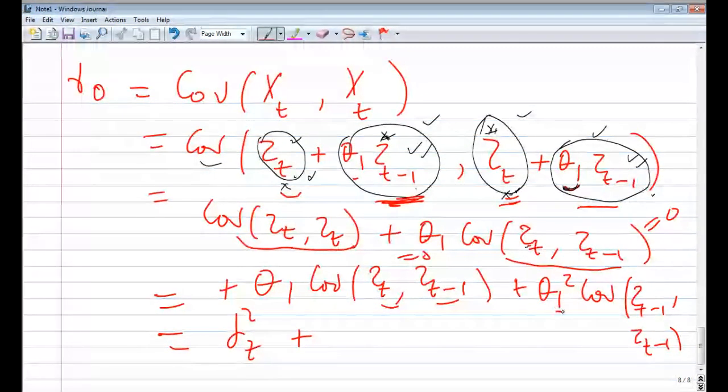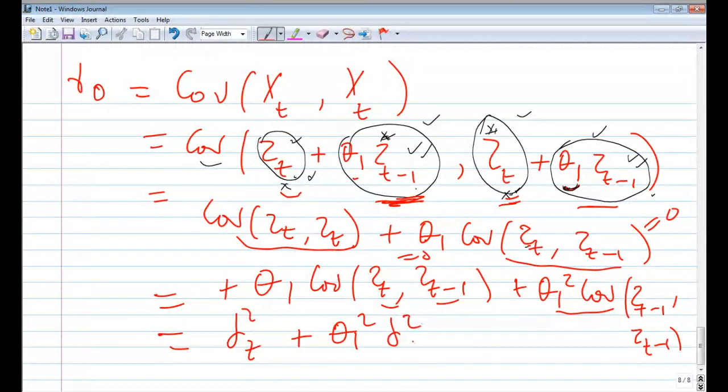So coming to this one, you're going to have theta 1 squared sigma squared Z. Are we still together? Yes, sir. Which is equal to (1 plus theta 1 squared) sigma squared Z, which is the same as what we've calculated before, if you still remember.